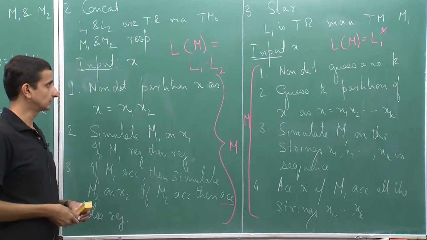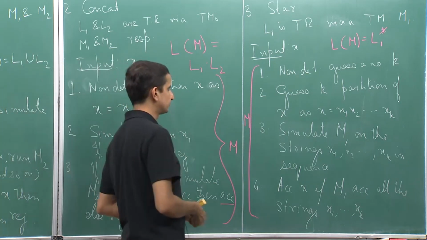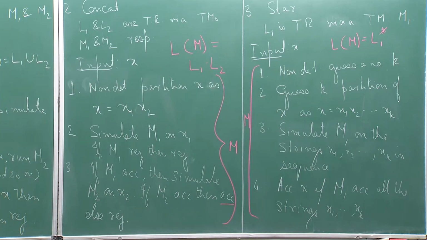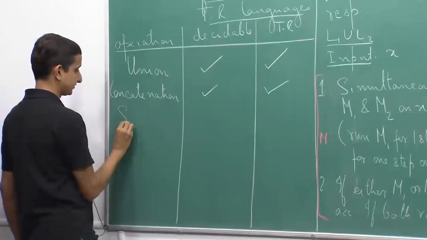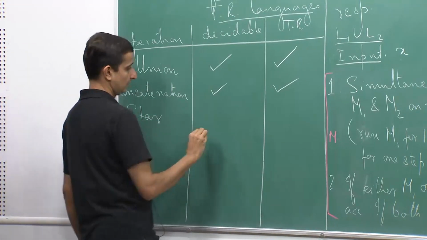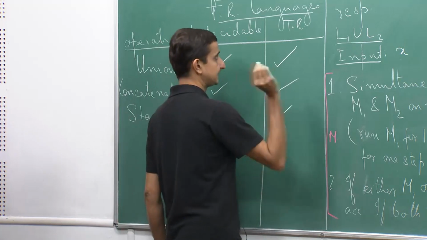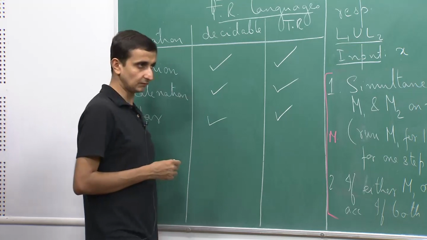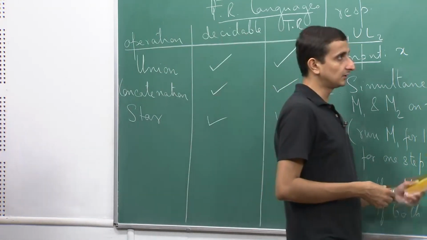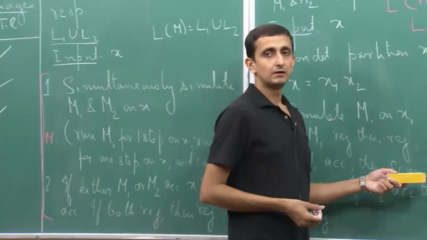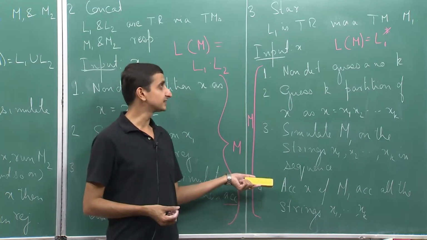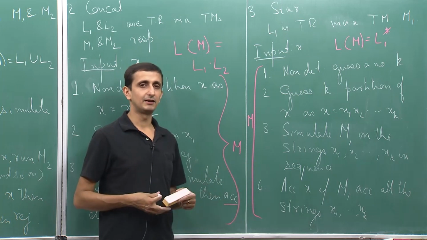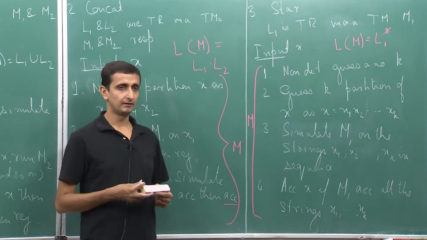So, this shows that under the star operation also, decidable and Turing recognizable languages are closed. Although for the star operation we showed the case of only Turing recognizable languages, the case of decidable languages is actually similar, it is not any different.